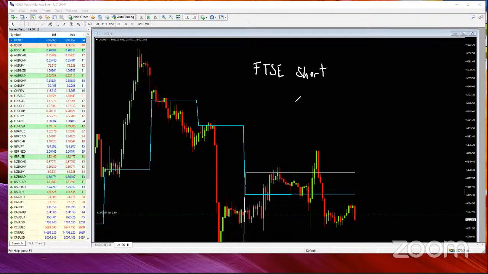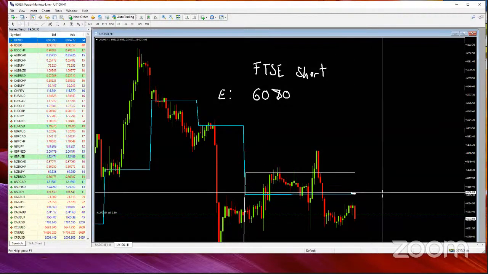So I've kind of got half the risk here. It's around about the 60, 80 level. 60, 80 is the first part of the entry, but I'd quite like to see if there's anything else I can get in at the pivot here as well.